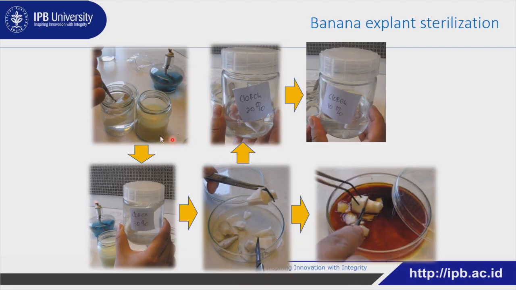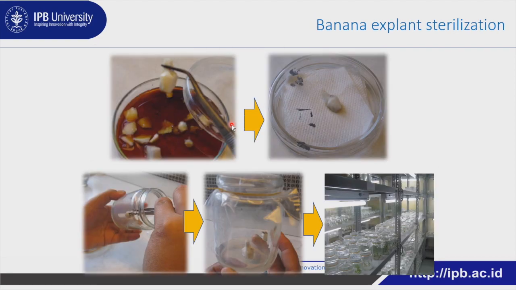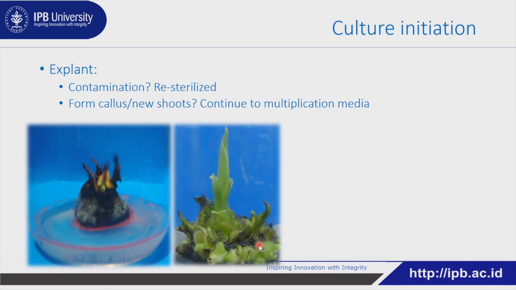After that we transfer it to a smaller dish like this, but before we put it in the sodium hypochlorite, for several times using different concentrations and times. After that, we drain it, and then we put it in the media like this, and we wait for this initial material or explant to regenerate.